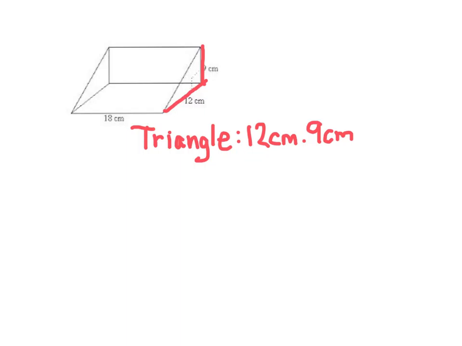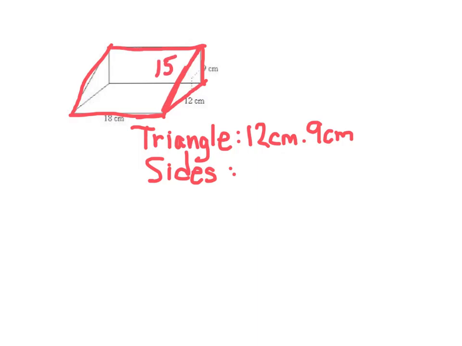All right, now I have the sides. Okay, so let's do this side right here. This is 18. Oh, okay, we have to do a little bit of work, but I'm just going to give you the answer. This side right here is 15. Because this is a right triangle, 9 by 12, this hypotenuse side would be 15 for that triangle. So this is going to be 18 by 15.